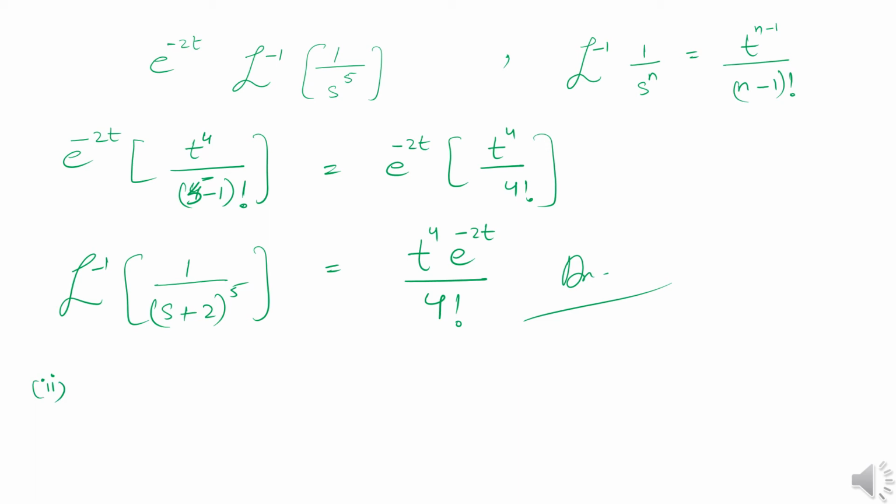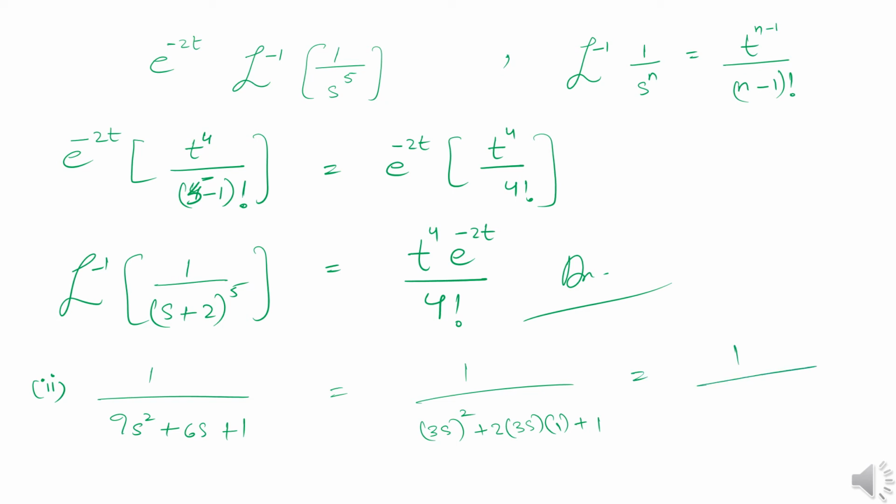Now we will take another example, question number 2. Let's say the question is 1 over (9s squared plus 6s plus 1). First of all we have to arrange this expression. I can write it as 1 over (3s) whole squared plus 2 multiplied by 3s plus 1 multiplied by 1 plus 1, which is simply (3s plus 1) whole squared.